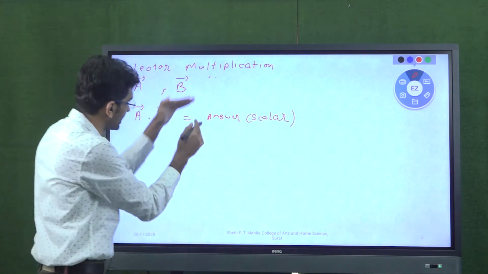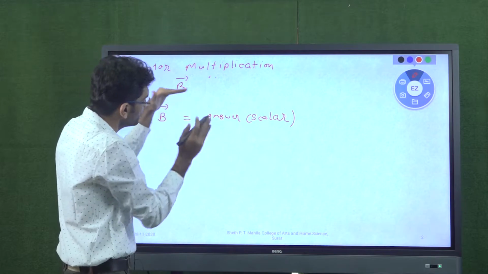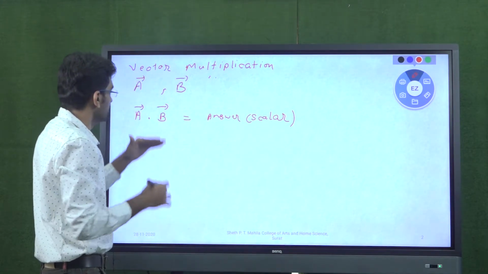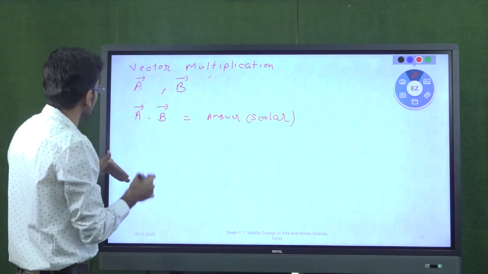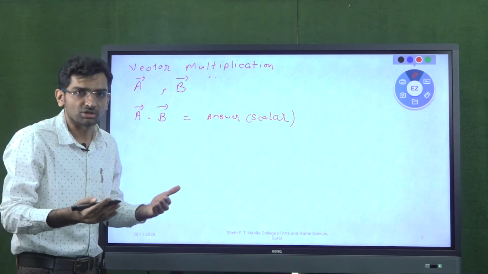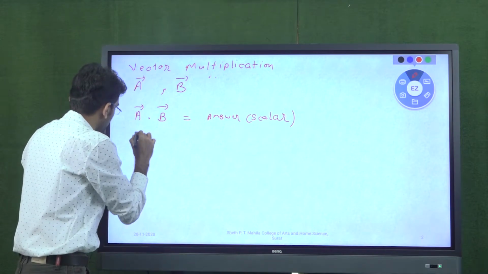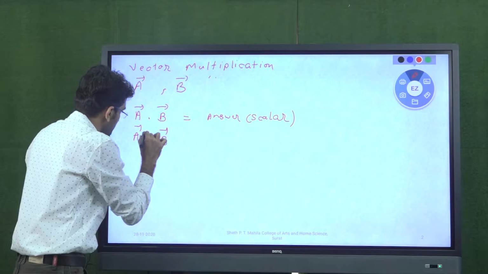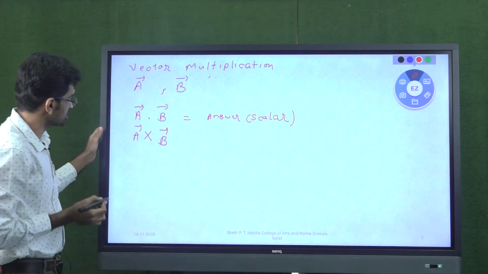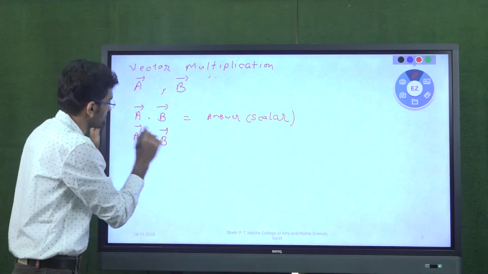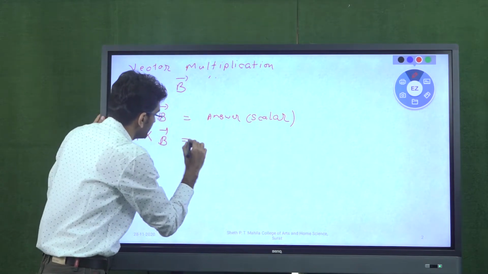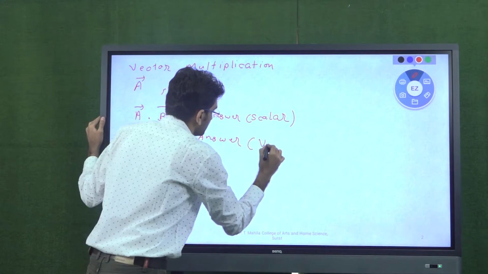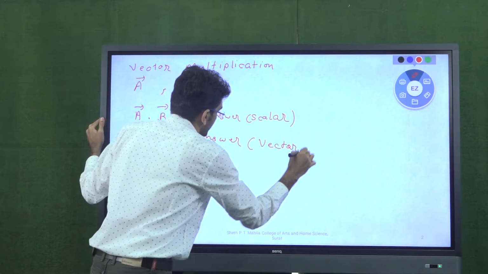That means whatever answer you get, there is no indication of direction in it, right? If I do the vector multiplication, I multiply vector A with vector B, and the symbol of vector multiplication is cross, so I will say A cross B. Whatever answer I get will be a vector.